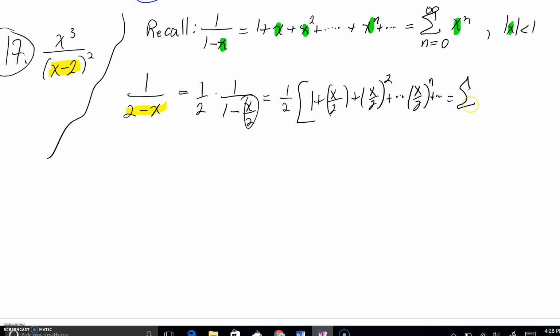Including in the sigma here, we'll have x over 2 to the n. Even inside this absolute value, we'll have x over 2 is less than 1.